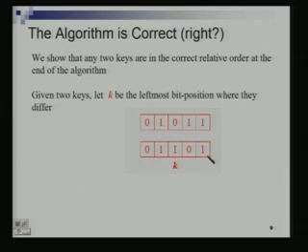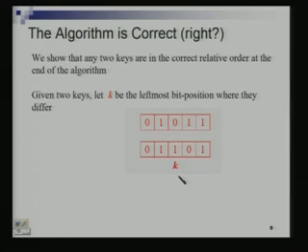Very simple proof. Suppose these are the 2 keys that were given to me. Let me look at the leftmost position at which they differ. They do not differ at this place, they do not differ at this place either, but they differ at this place. Let me call this position k.